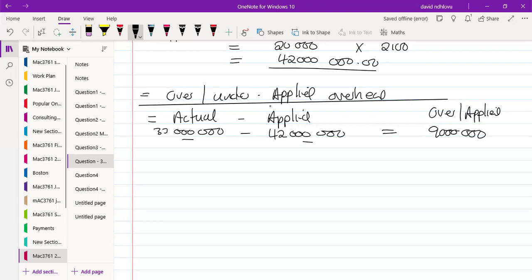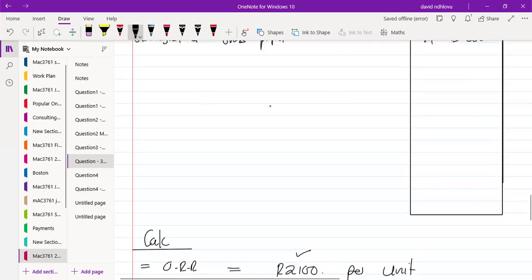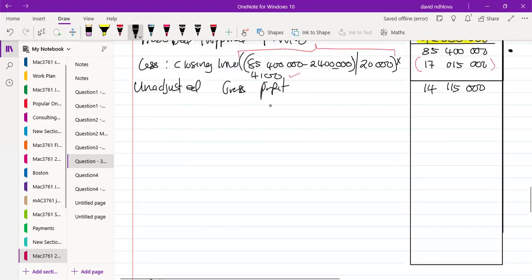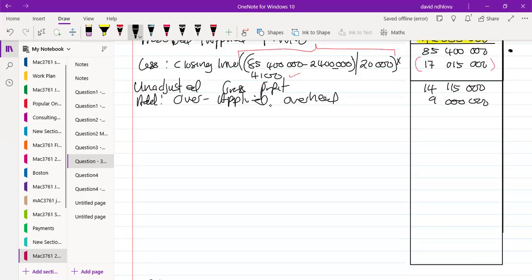But now that we've got the correct figures, we can correct gross profit by adding back this 9 million. So we say add over applied overhead. So we add the 9 million.